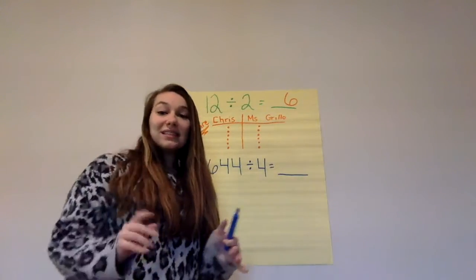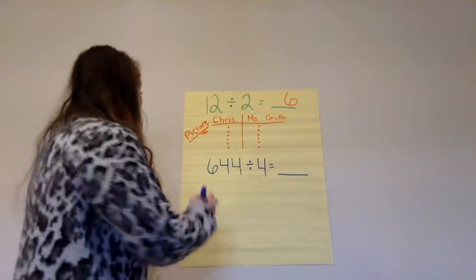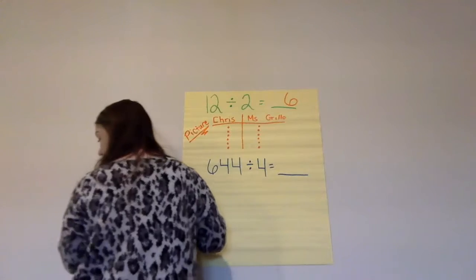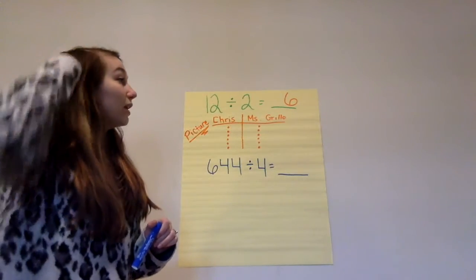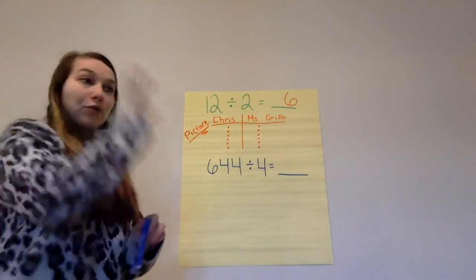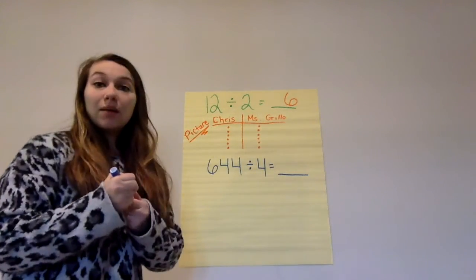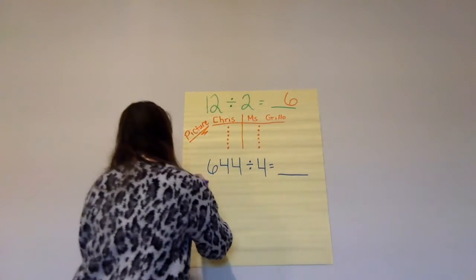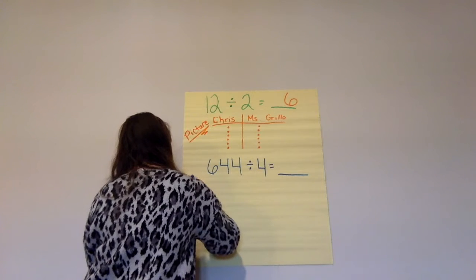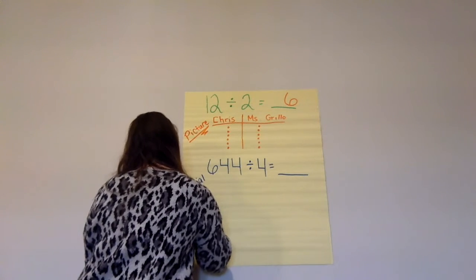So, the second strategy I am going to show you today is partial quotients. Now, if you remember, in multiplication last week, we were looking at partial products, which is the multiplication version of this. But today, we are going to be looking at partial quotients.